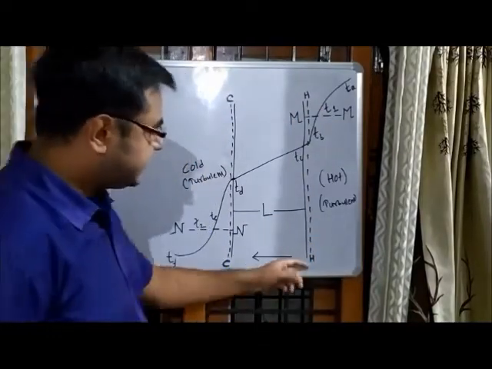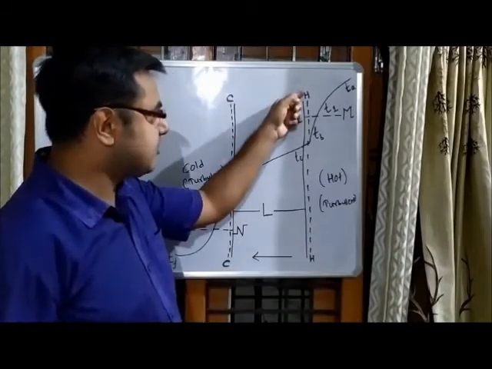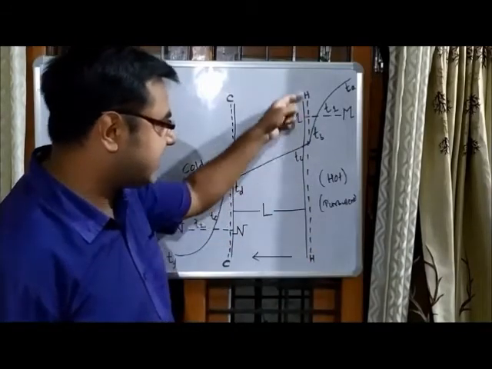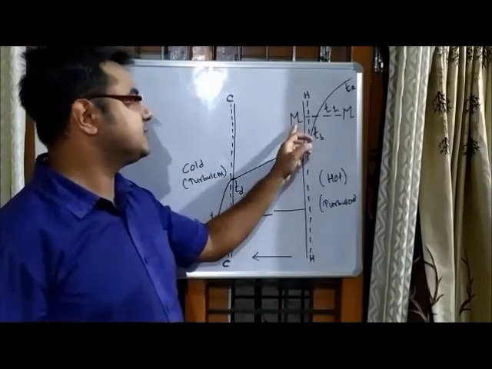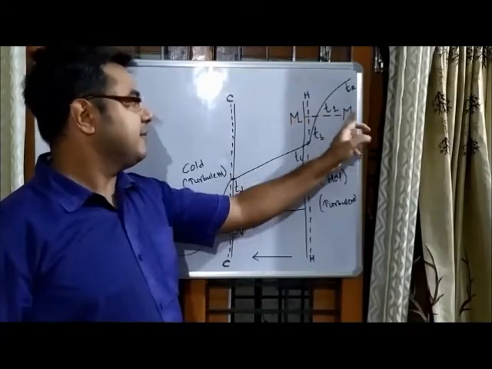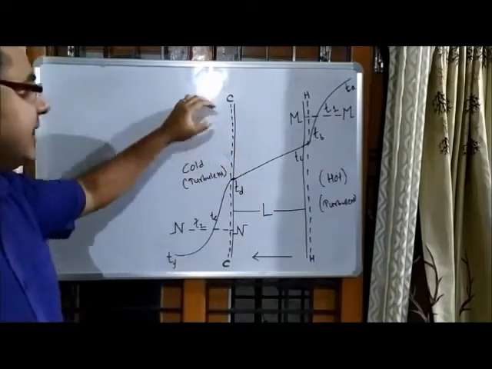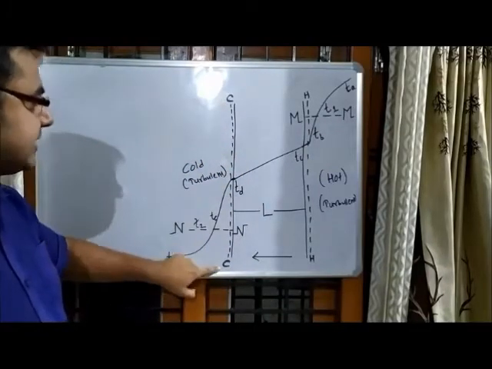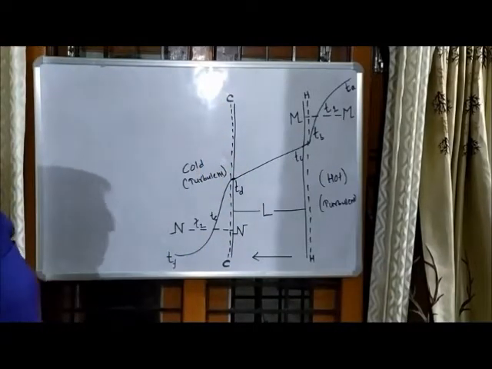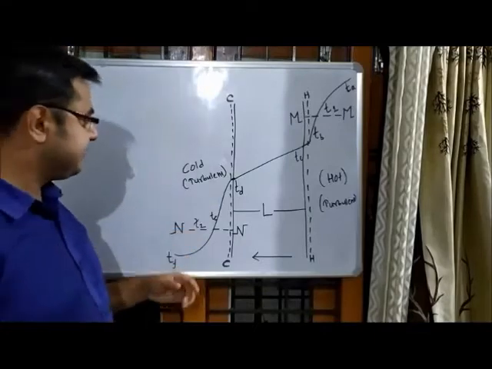This interface is represented with HH, the dotted line. The interface with the metal is written as MM. Similarly, the cold part is written as CC.